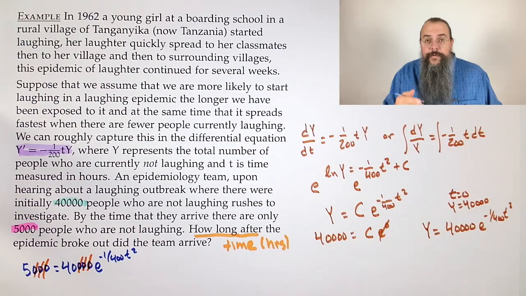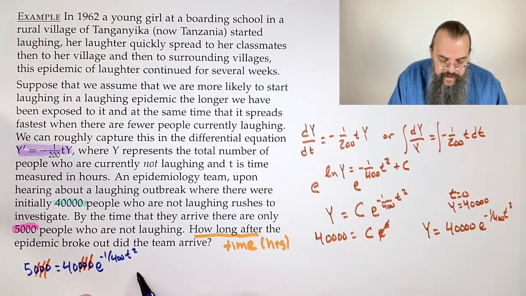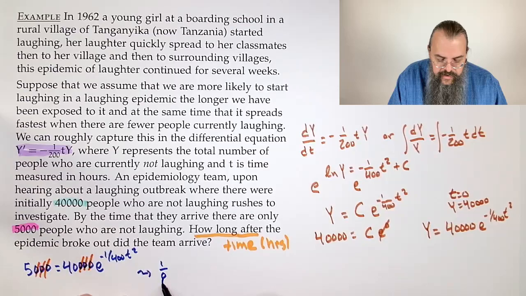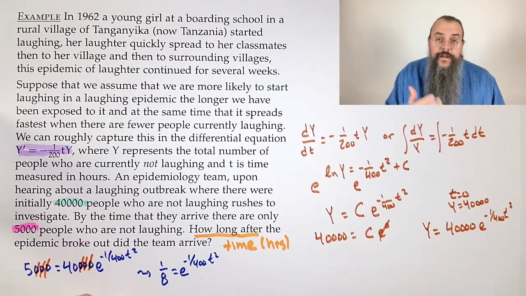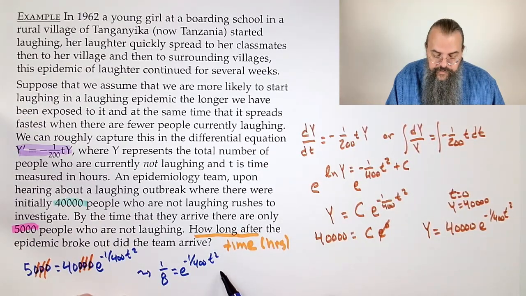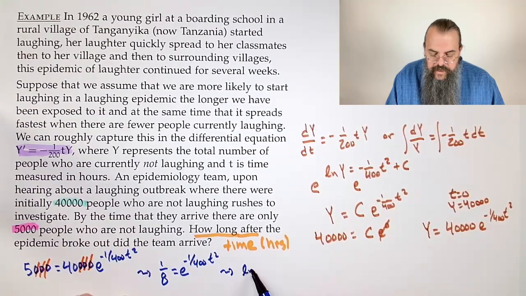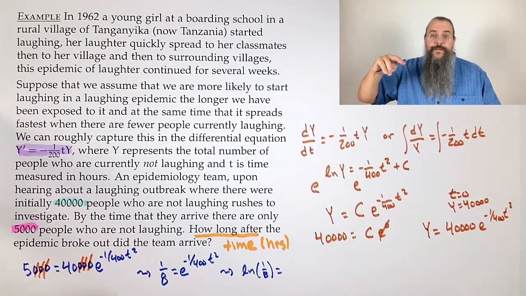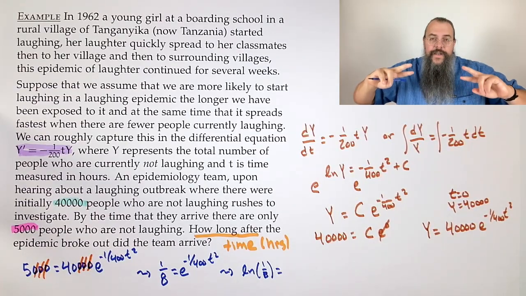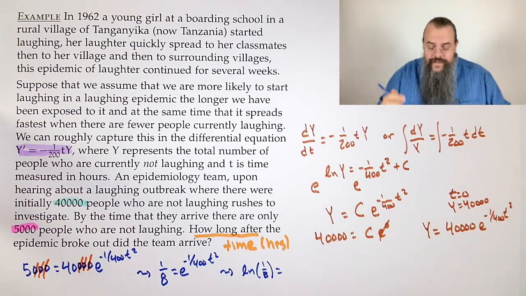Okay, 5 over 40 says this is the same as 1 over 8 is equal to e to the minus 1 over 400 times t squared. Take the natural log of both sides. And so we get the natural log of 1 over 8, which, by the way, there's this nice property of natural log which says natural log of 1 over something is minus the natural log of something.